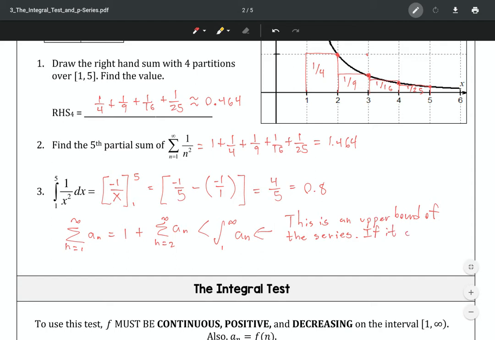If the integral converges as you take that integral to infinity, the series will also converge, or it's bounded, I should say. If the integral diverges, meaning the integral goes to infinity or negative infinity, then the series is unbounded.